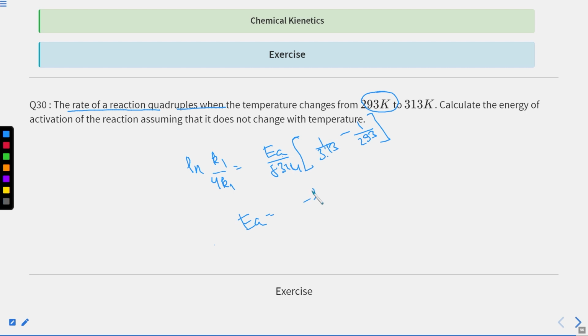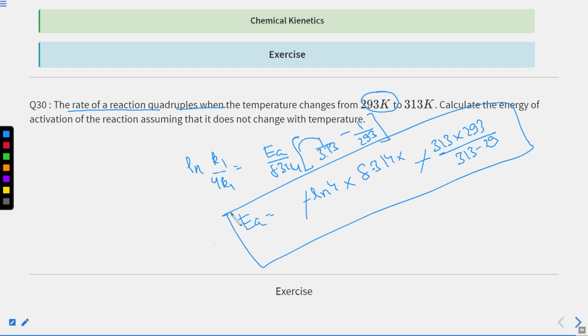That would be minus ln 4, taking ln 1 by 4 as minus ln 4, multiplied by 8.314. Now this and this will be multiplied, so 313 into 293 divided by 293 minus 313. If I take the minus sign out, that would be 313 minus 293. This minus and minus will cancel. Calculate this value to get the value of EA.